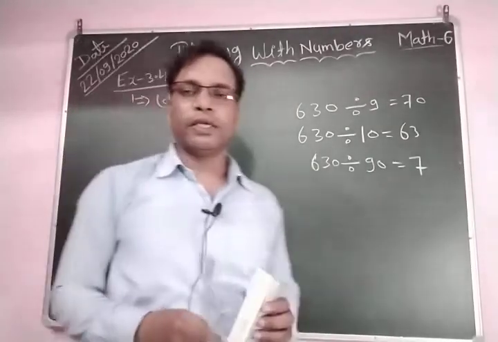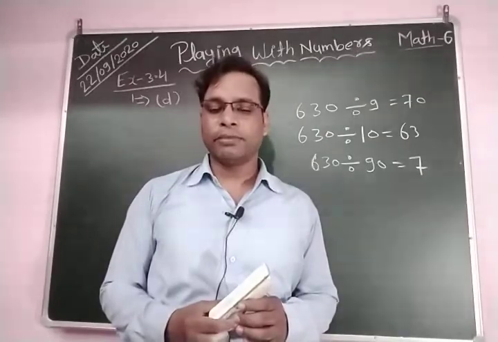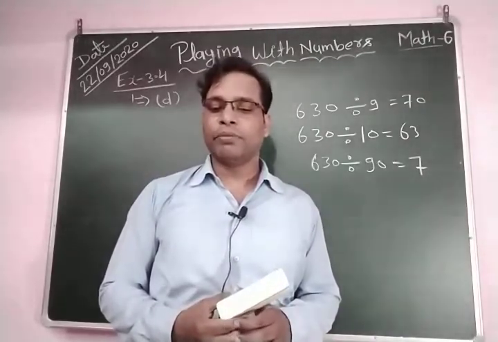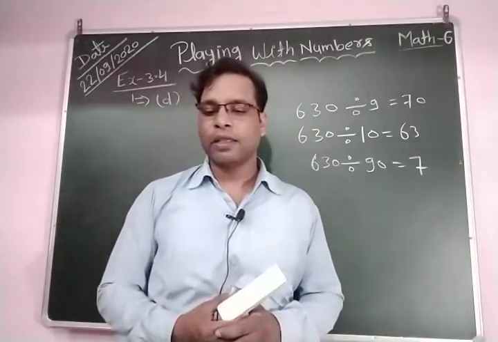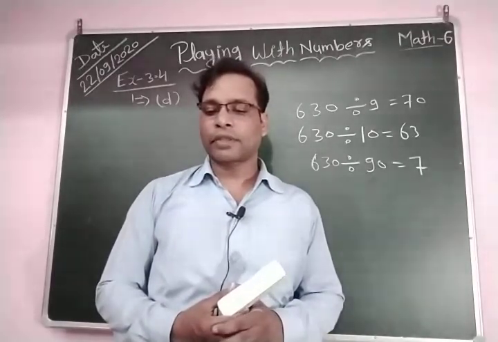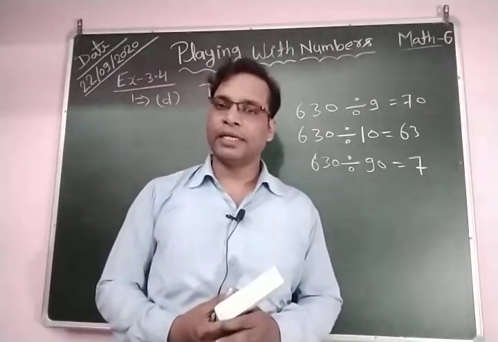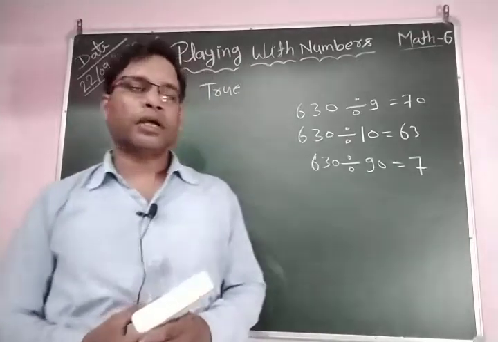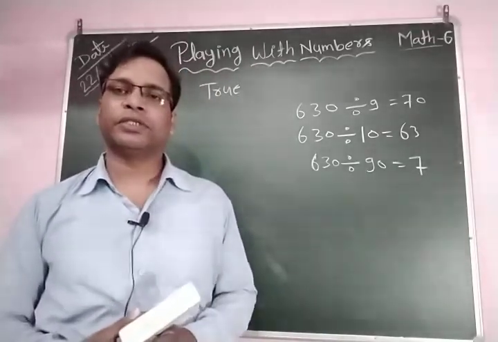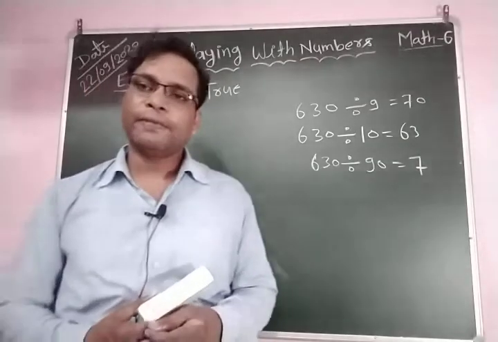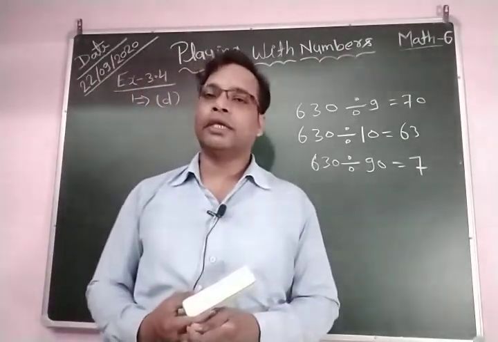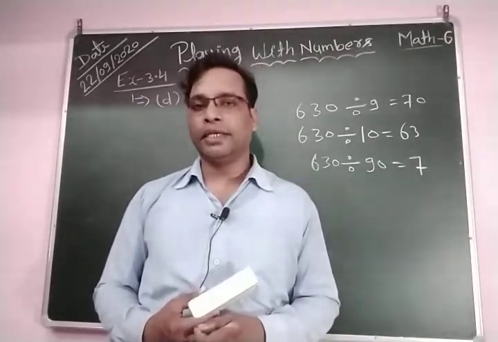Statement D is that if a number is divisible by 9 and 10 both, then it must be divisible by 90. I hope all have understood this statement.